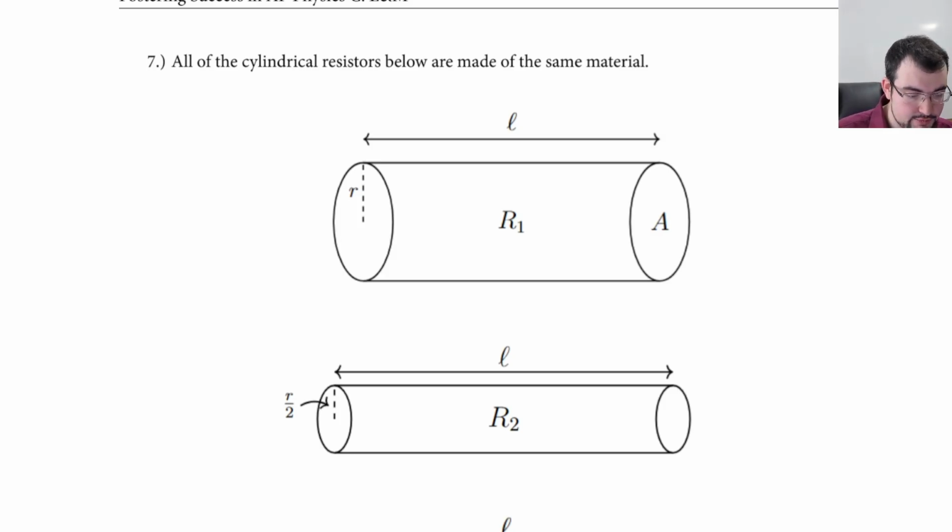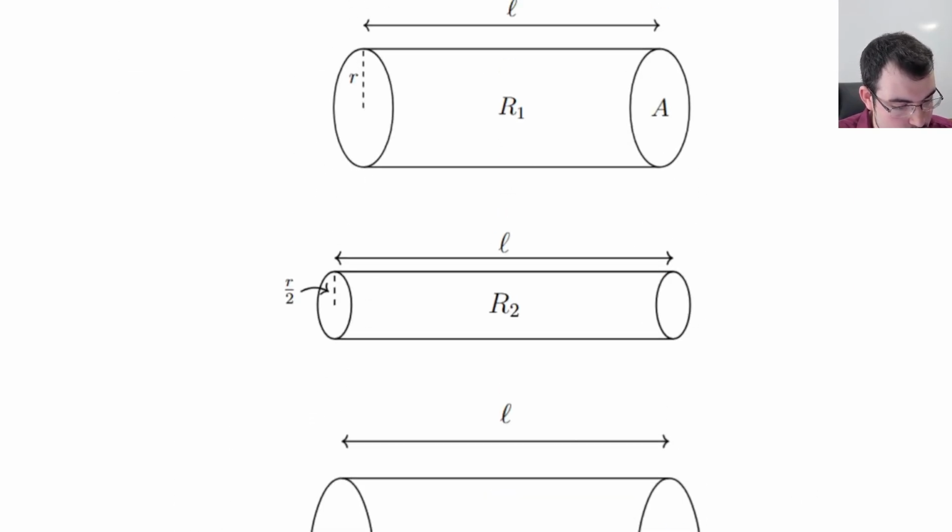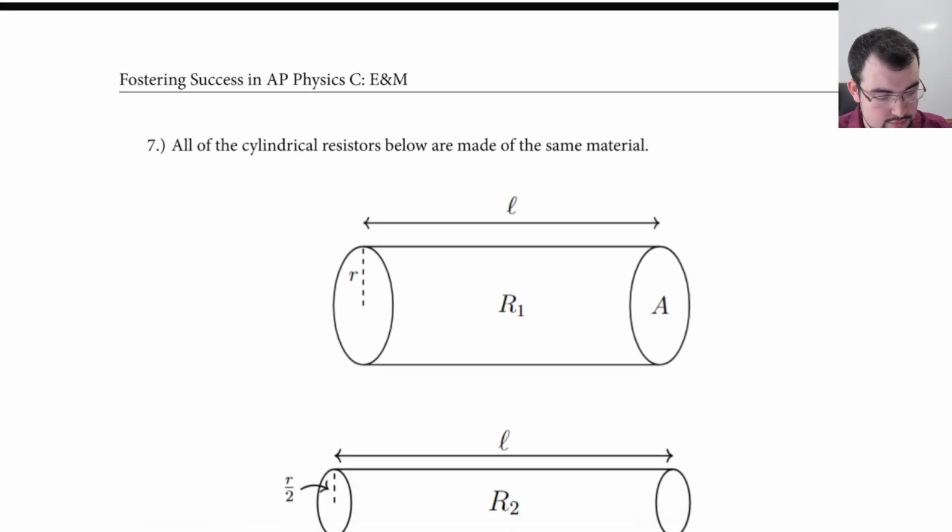So if we already know our area, we're sort of good. So here we can just say that we know that resistance is equal to rho L over A. So this means resistance is proportional to L divided by A, because all of these are the same material, so I'm not even including that resistivity term.